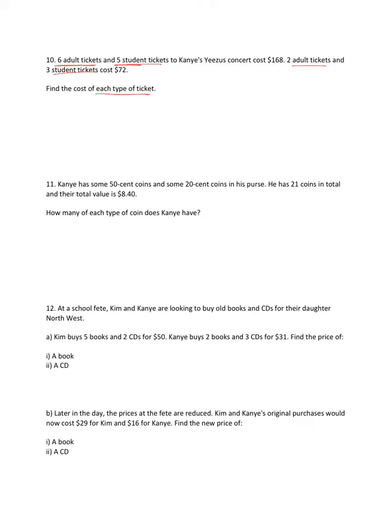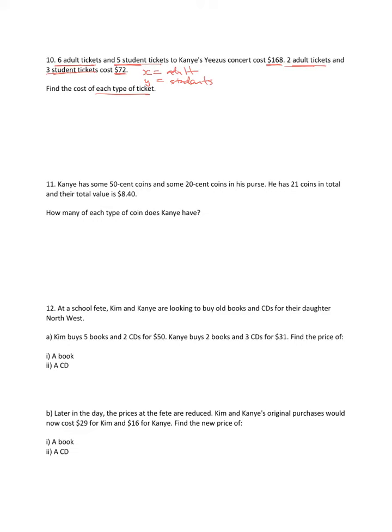Because I've got 6 and 5 makes 168, 2 and 3 makes 72. So what we're going to do is x is going to be adult ticket cost and y is going to be students.